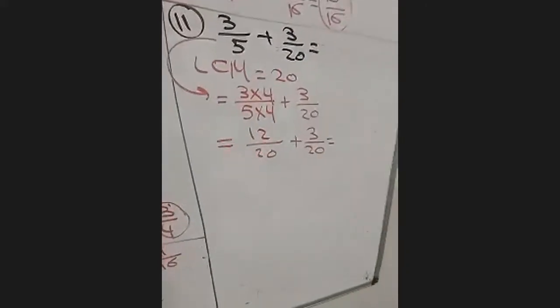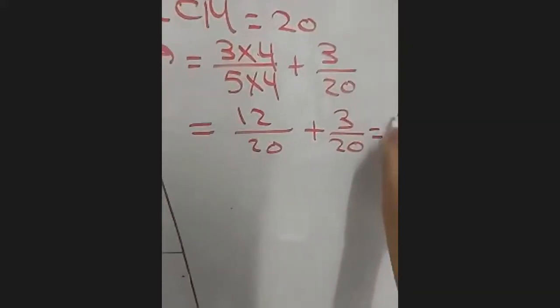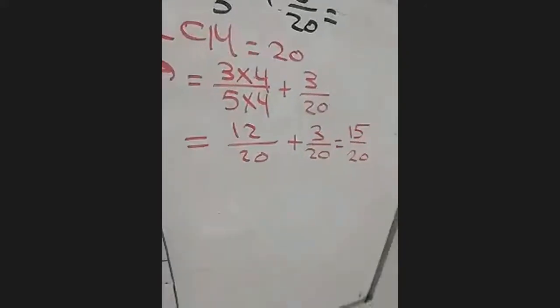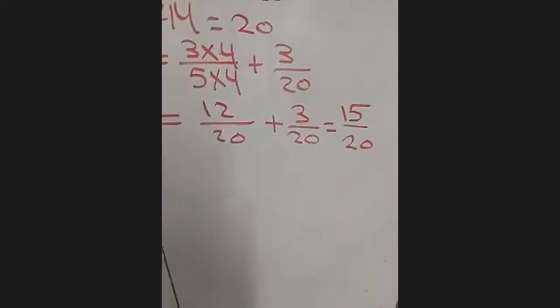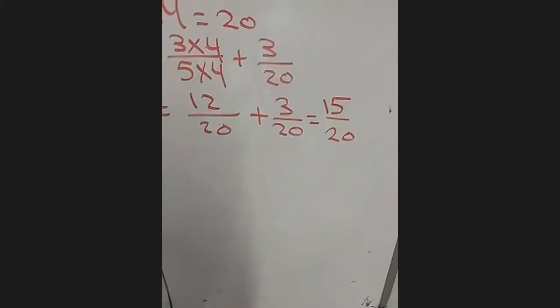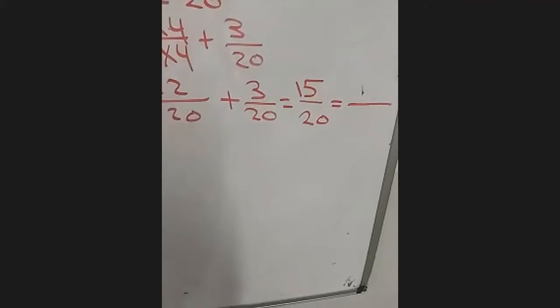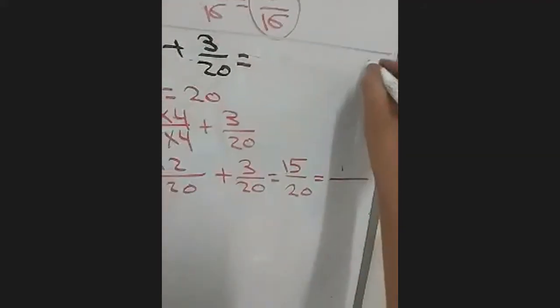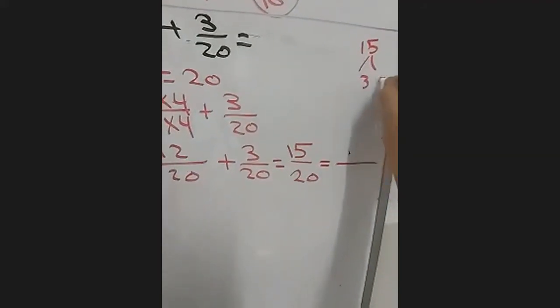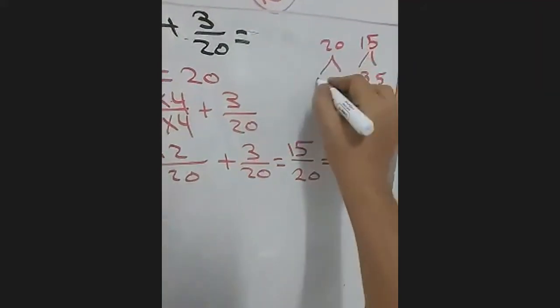Equals 15 over 20. Good. Can we simplify 15 over 20? Yeah, I think. How? We make the 3-way. The 15 is 3 by 5. The 20 is 4 by 5.